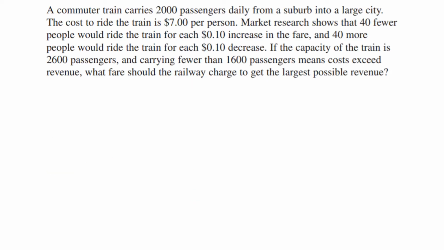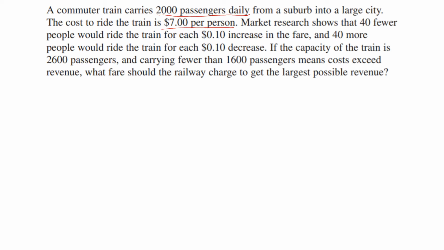So our first problem is: a commuter train carries 2,000 passengers daily from a suburb into a large city. I'm just going to highlight the important parts as I read through. I see I have 2,000 passengers daily. The cost to ride the train is $7 per person. Market research shows that 40 fewer people would ride the train for each 10-cent increase in the fare.